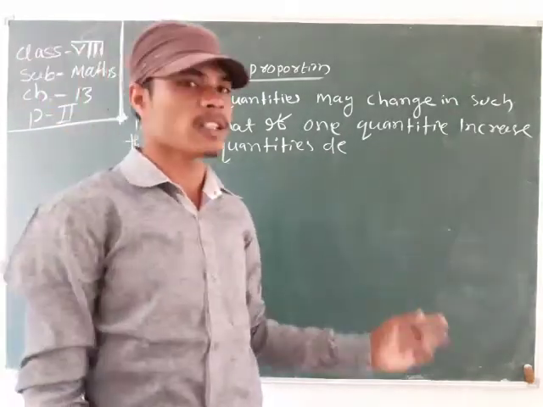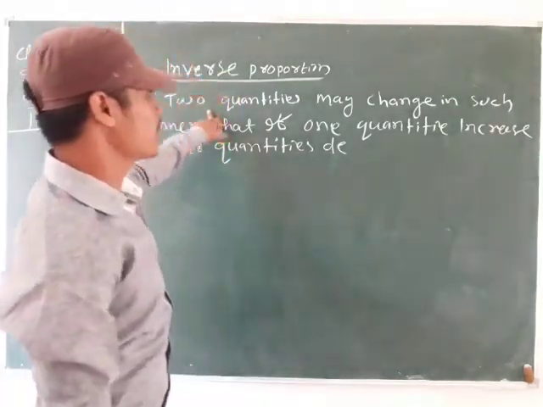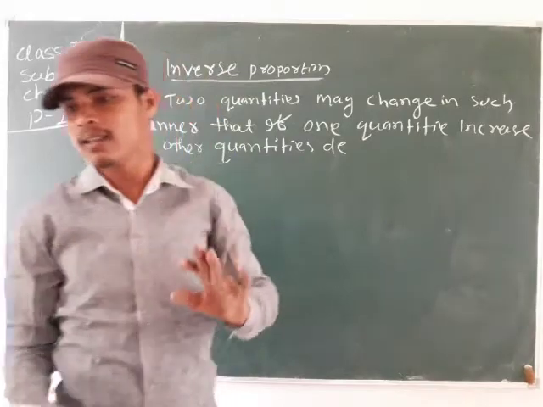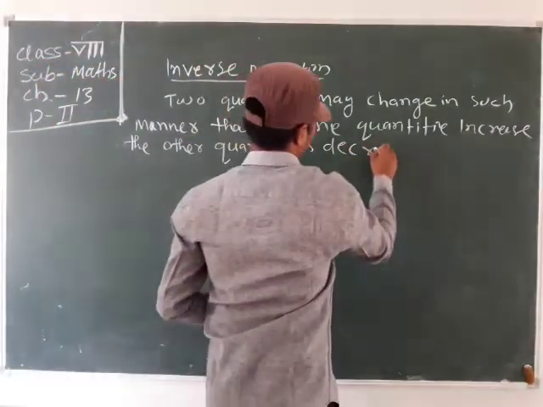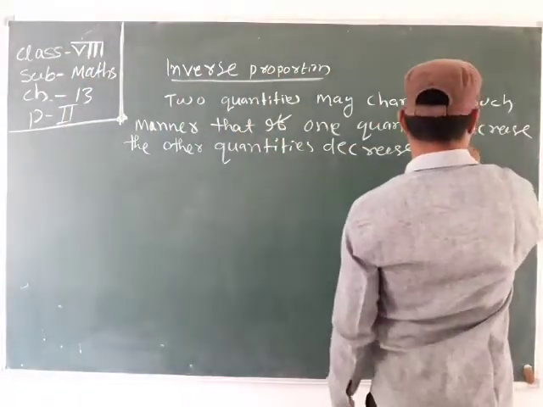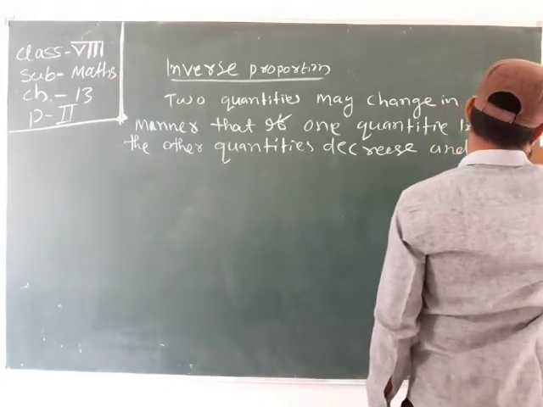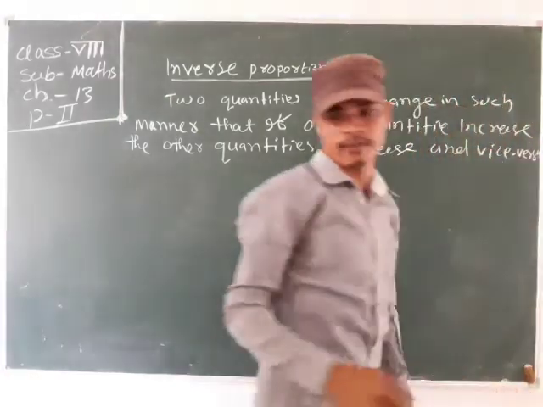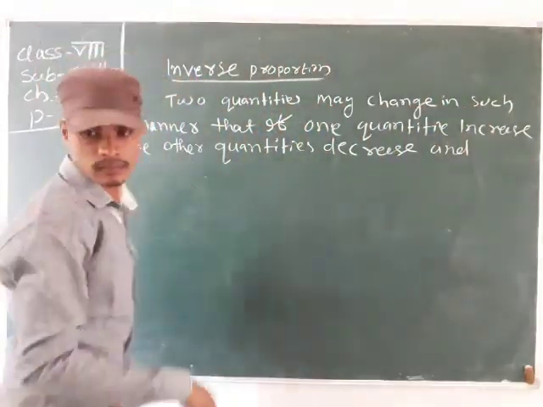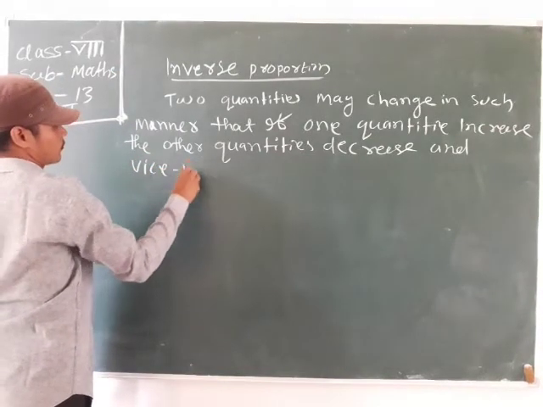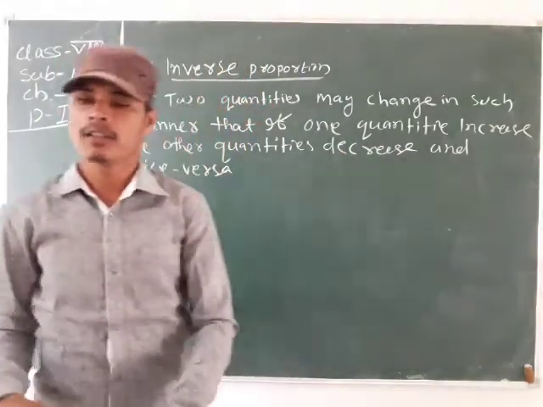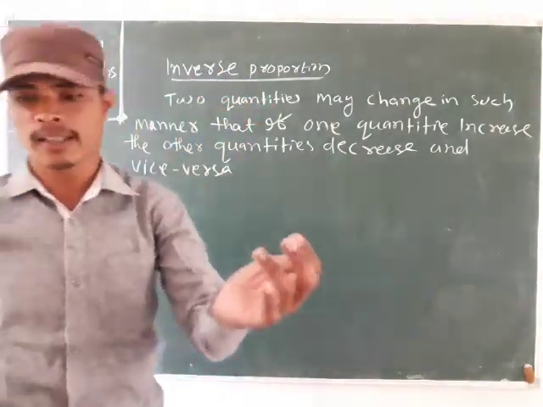So in inverse proportion, if two quantities are given in such a manner that if one quantity increases, then the other quantity decreases, and vice versa. That means both are correlated to each other.